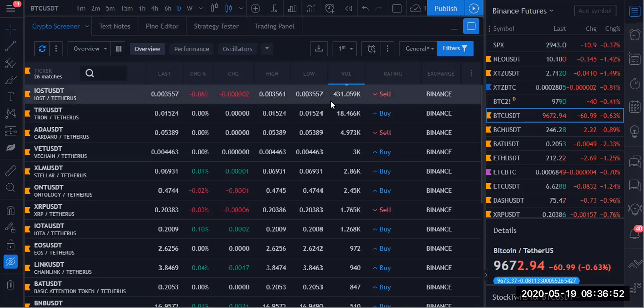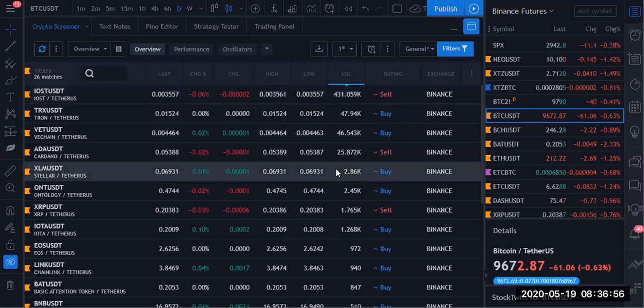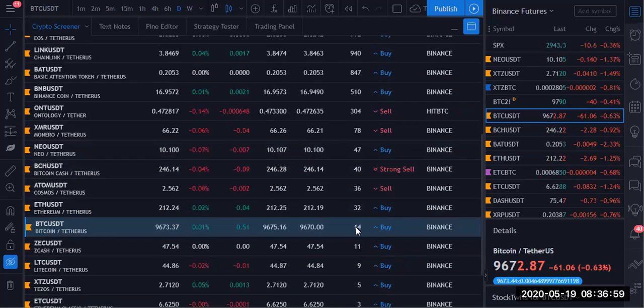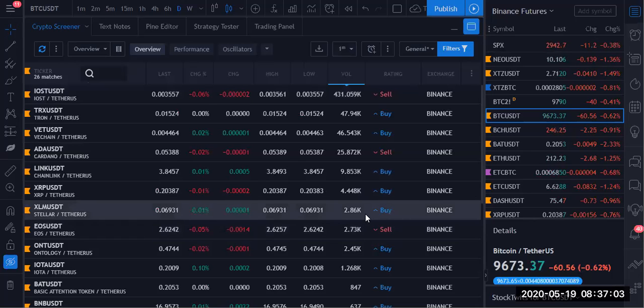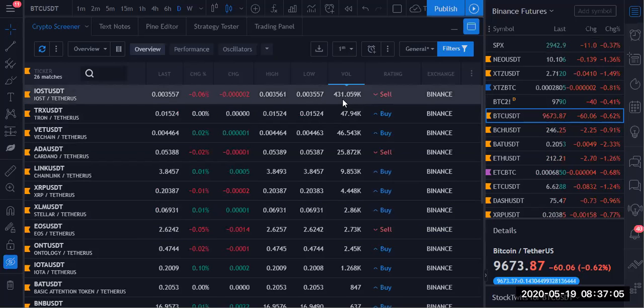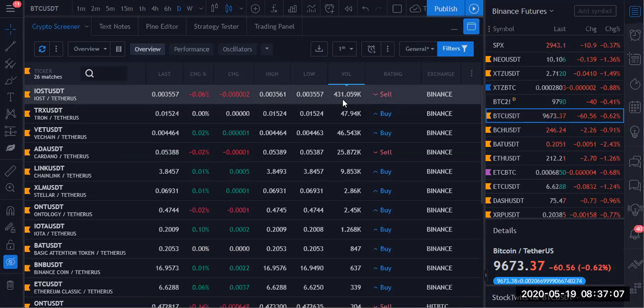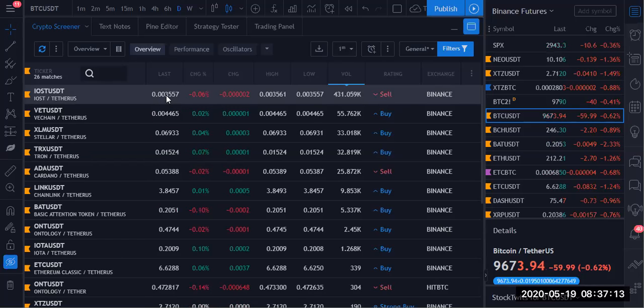That's not US dollars, that's just the amount of that specific cryptocurrency. If we go down to Bitcoin, that's 14 Bitcoin, which would be a lot more than 431,000 IOST, which is pretty cheap. The price is just over a quarter of a penny. So what we're looking at would be that volume.